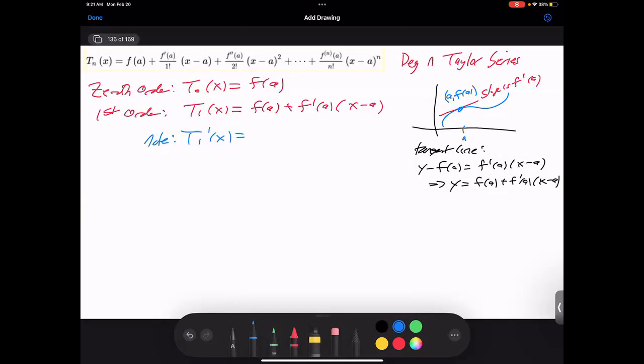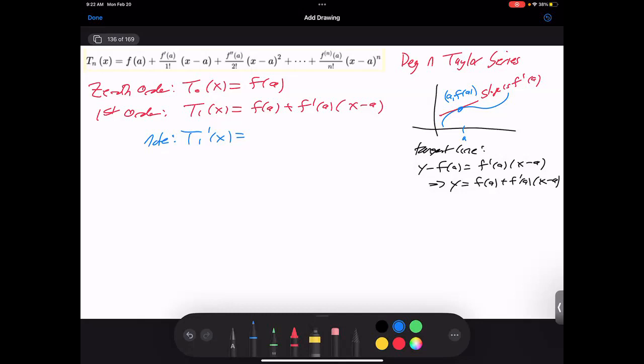Now let's look at the f prime of a times x minus a. F prime of a is a constant. A is a constant. What's the derivative of f prime of a times x minus a? I'm taking the derivative of this with respect to x. If I just gave you x minus a, what's the derivative of x minus a with respect to x? 1.